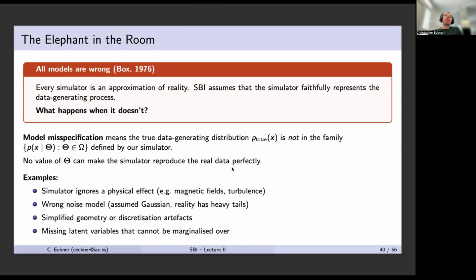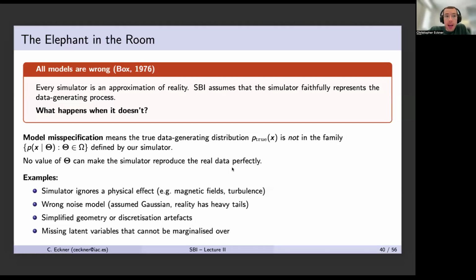So, as it's written here, what is the elephant in the room? Well, that is that no matter what simulator you are conceiving and using here for inference, it will only be an approximation of reality. And the quality of your inference with SBI very much hinges on the quality of your simulator and how faithfully it can represent reality.